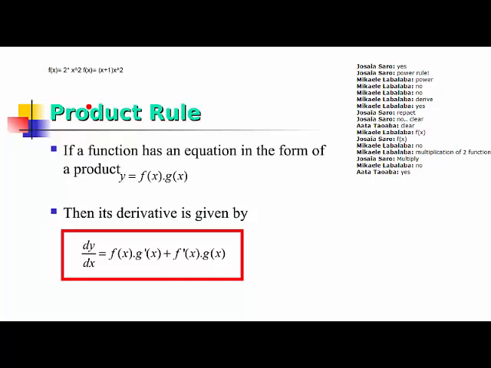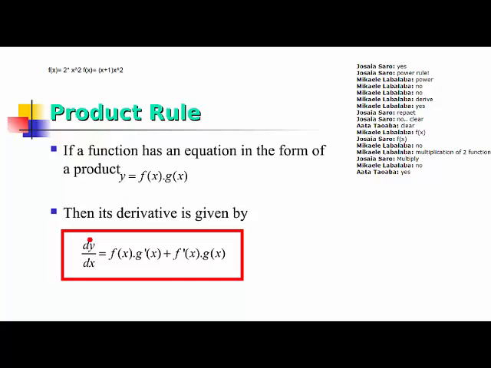Can you apply product rule here? Yes. Why? Because there are two different functions that have been multiplied. Even though we can open up the bracket and solve for it, that's fine. If not, then we can still apply the product rule. So now did you get where we use product rule?